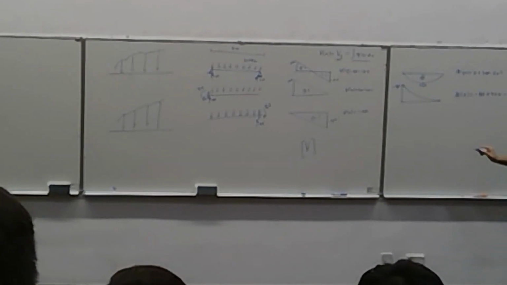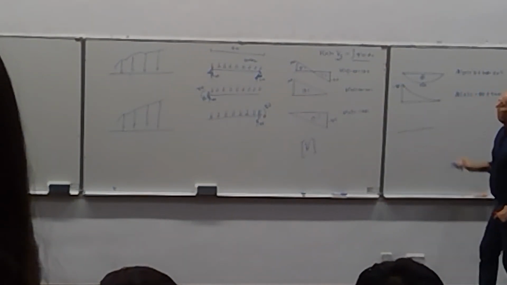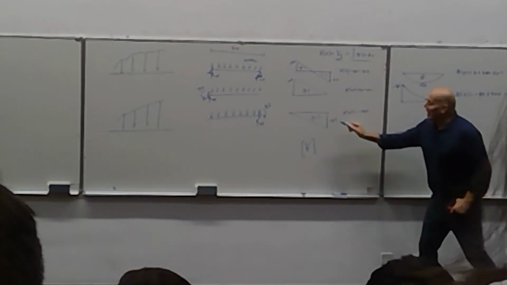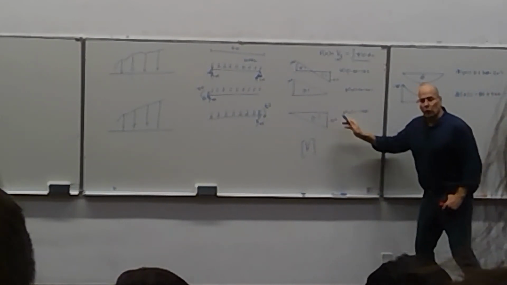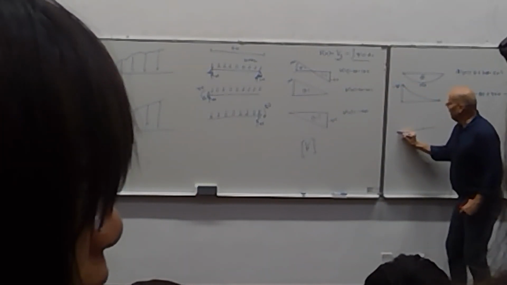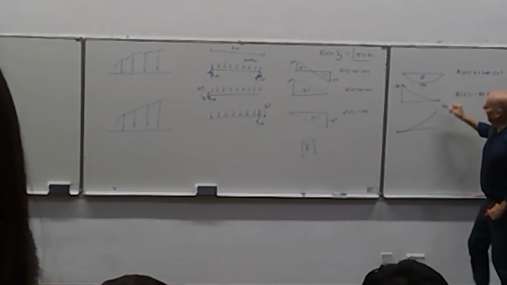Let's do the last case. What will I say? We are at 0. We didn't have any applied moment, so we start at 0. I have negative shear, so I must be moving in the negative direction. At the beginning, the shear is 0, so we start with 0 slope. But as I go to the right, it becomes faster and faster negative. So I must be moving in the negative direction, like this.